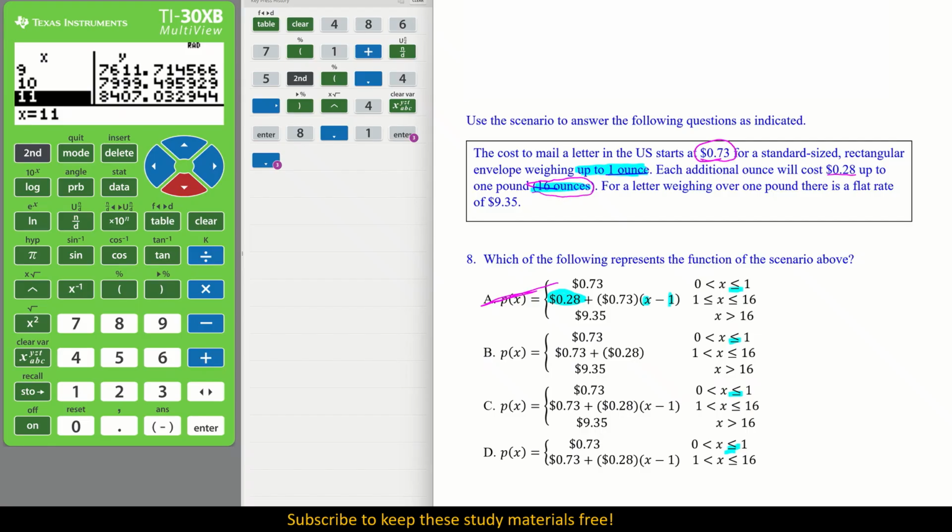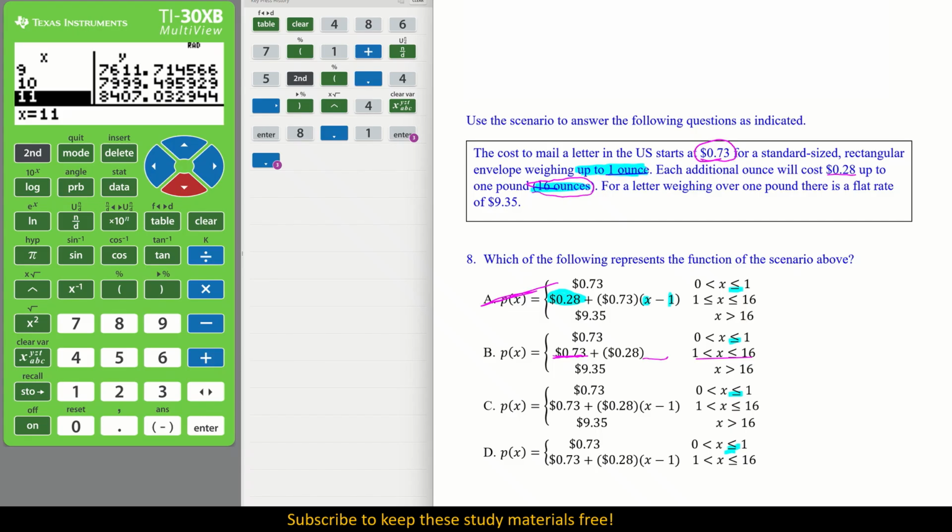Now, option B, I like their beginning value. They have a B value, but then they have 28 here and nothing happening. And this is correct. I like this. But we can't just take, we had a range. It's 28 cents for all the additional ounces, 2 or 3 or 4.